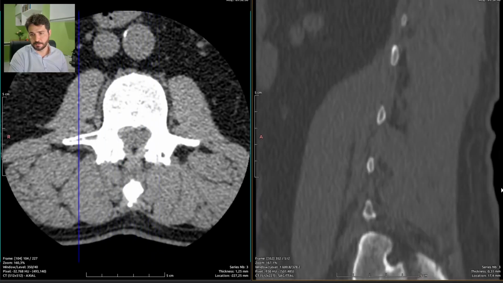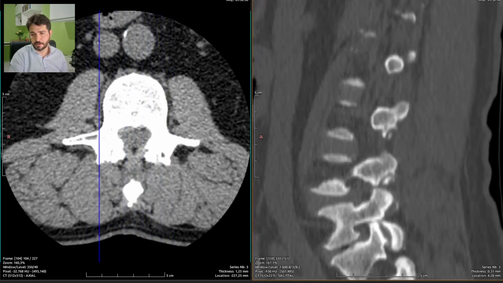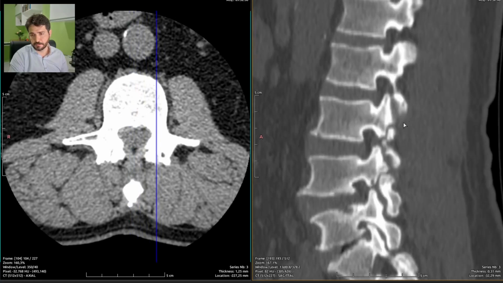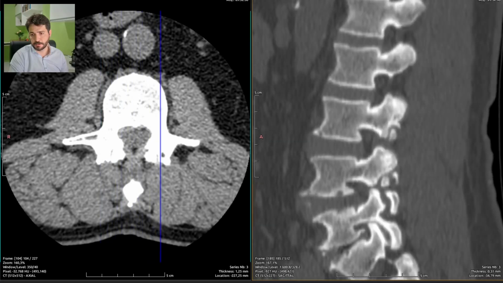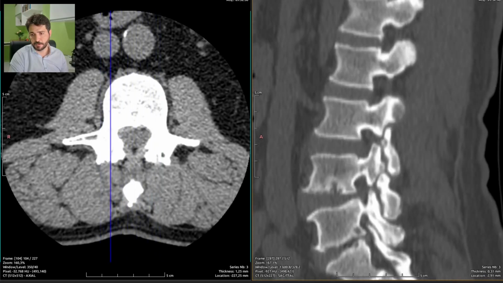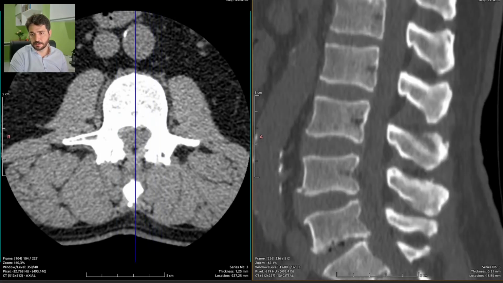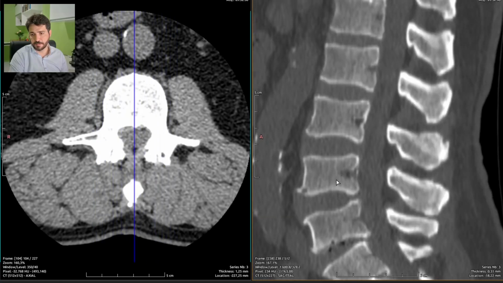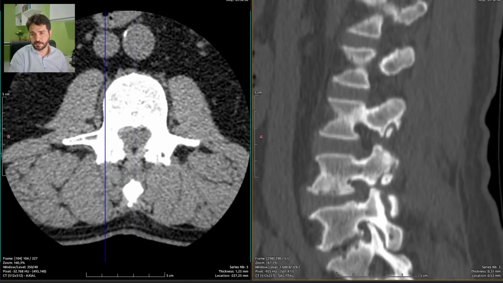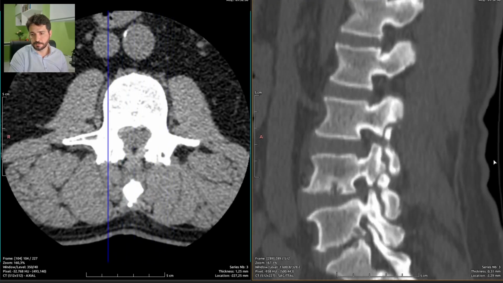So this is spondylolysis, which means fracture of the spine. This is a very common degenerative fracture which leads to instability and more degenerative disease. These joints are unstable on both sides. So these segments from L3 to L5 are unstable segments on the posterior column of the vertebral spine.